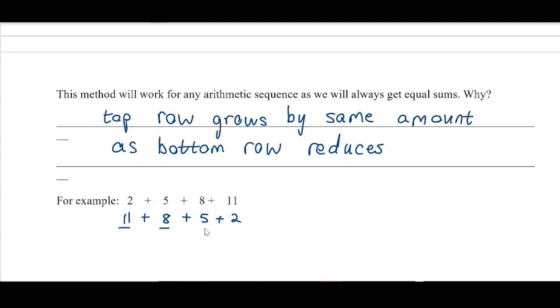Each of these adds up to 13. So for this particular one, we've got 4 lots of 13. But then we need to halve it, and the reason we're halving it is because we've actually included the numbers twice. So we get a final answer here of 26.